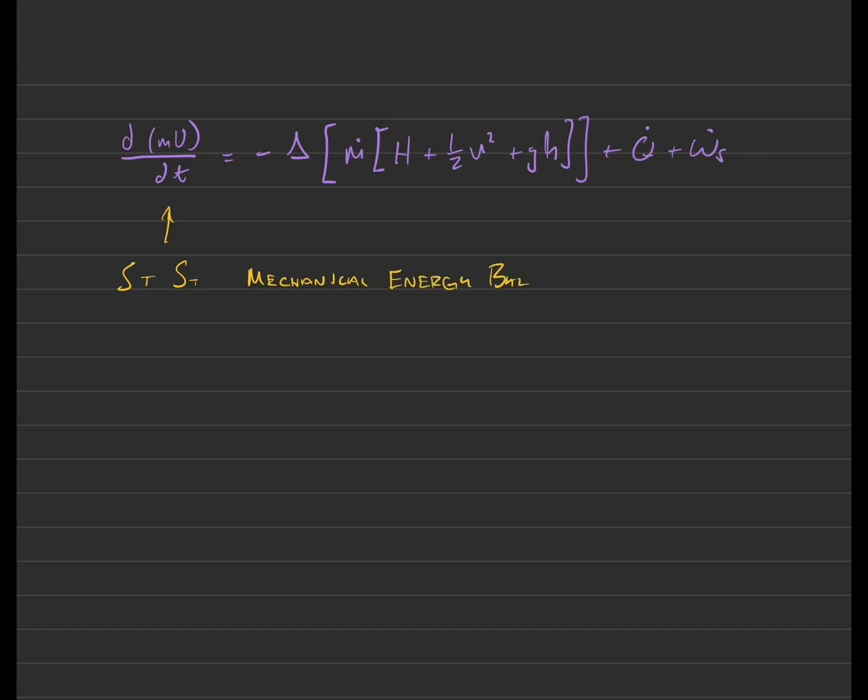This goes to say that delta m times enthalpy plus 1/2 the kinetic energy term, right, plus the potential energy term is going to have to be equal to the heat input plus the shaft work.